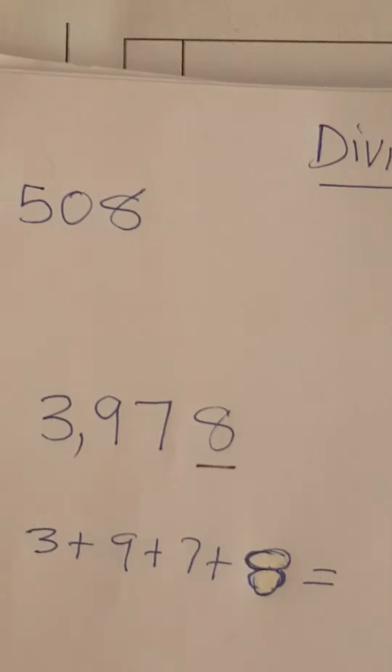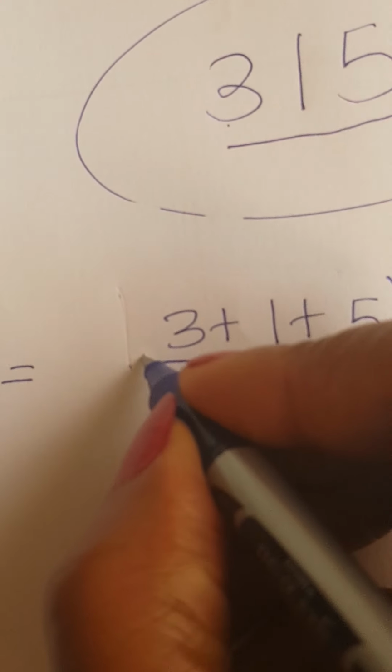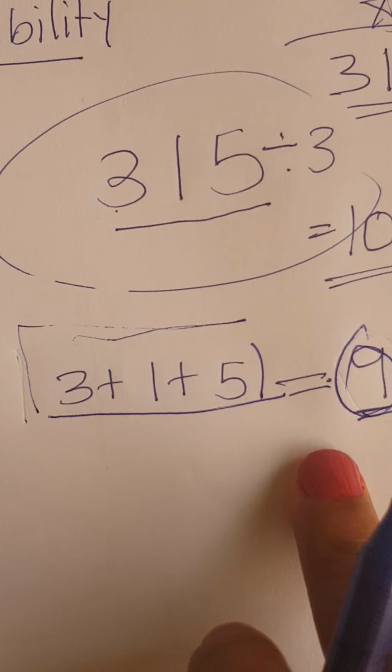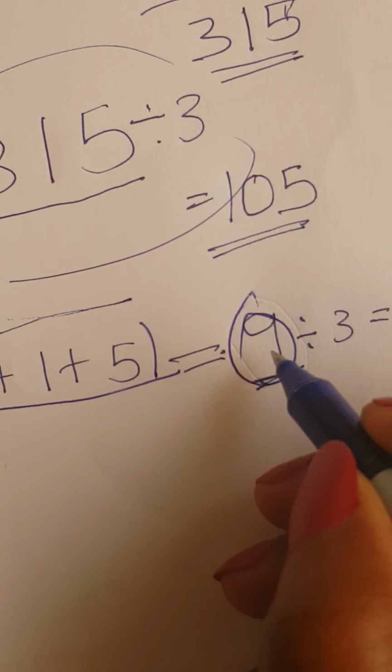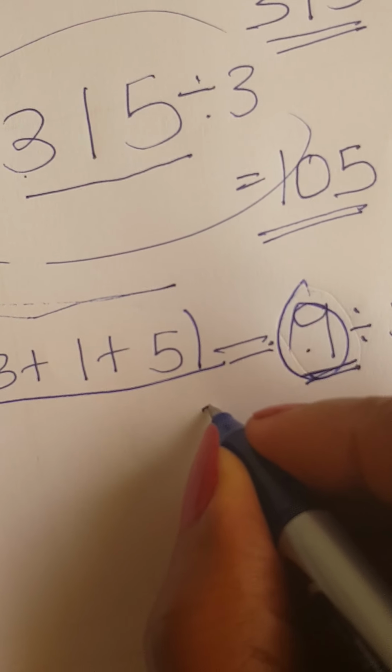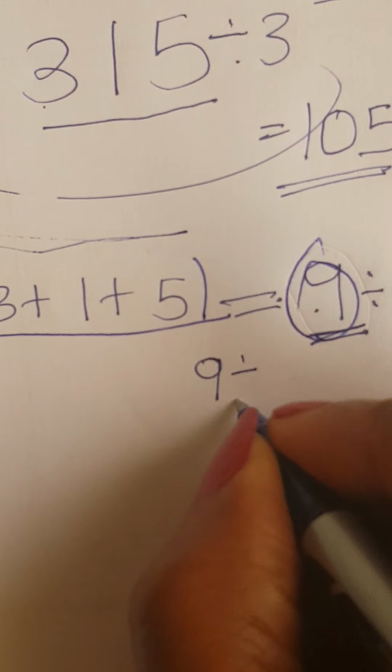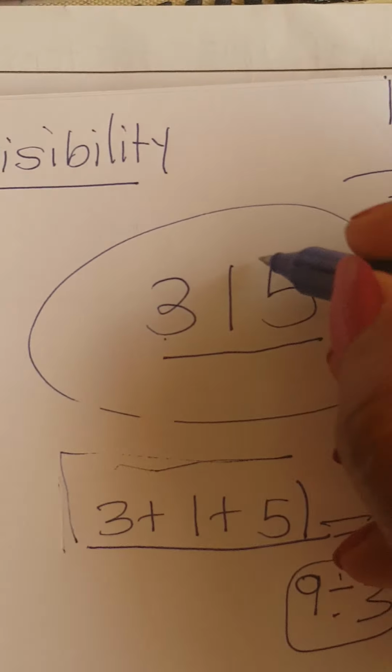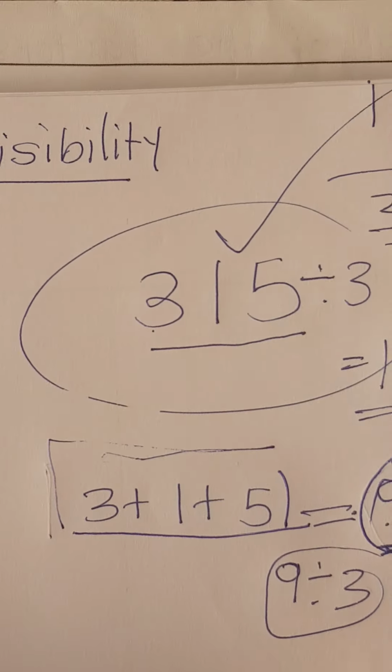If you add the number up and you see that it is in the multiplication frame of 3, then you know that it is divisible by 3. Now, when you added this up, it gave us 9. Yes, of course, 9 can be divided by 3. So we said, yes, oh my God, 315 is divisible by 3.